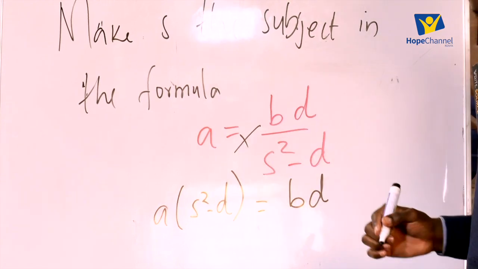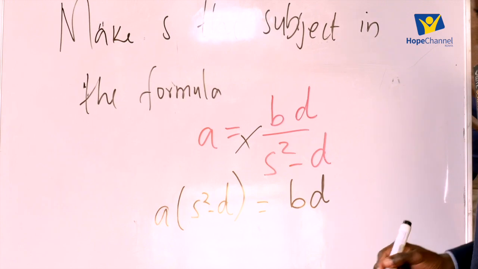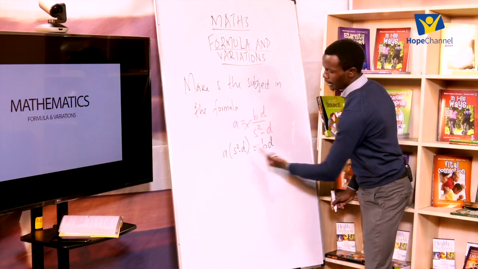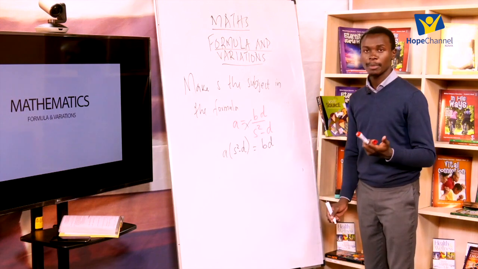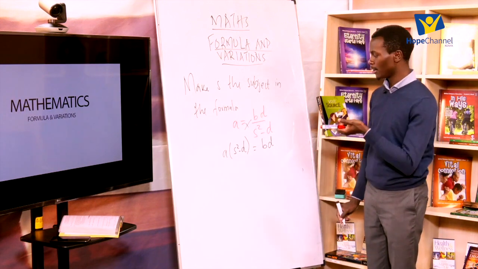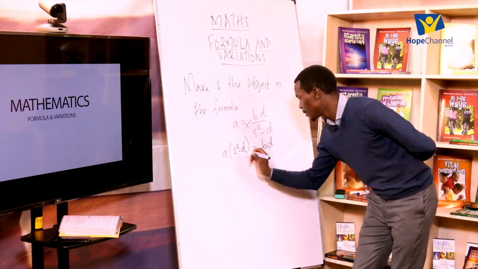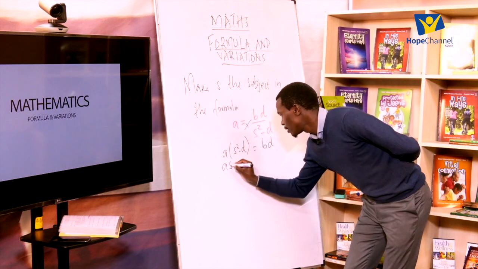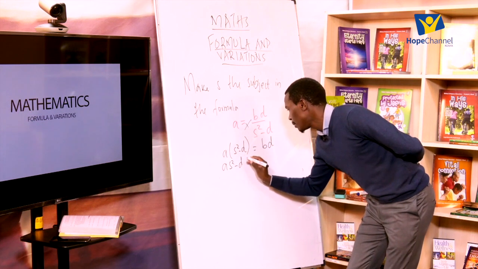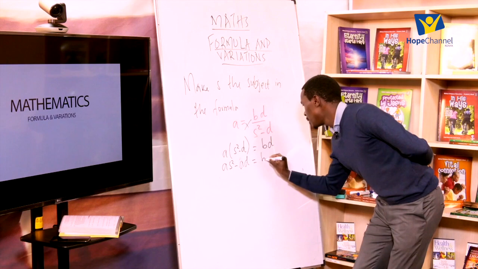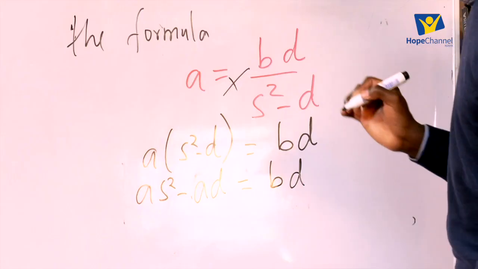Cross multiplying, so that we have s squared on the other side. Now because our s squared, or rather s, is in the brackets, the next step after cross multiplying is opening the brackets. And by opening the brackets on the left hand side, we'll have a s squared minus d, minus ad is equal to bd.